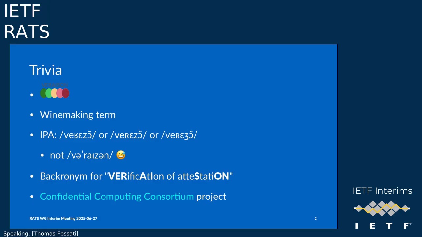The definition of Veraison is change of color of the berries, and that's the point in time where the grapes can be many different colors. So this is supposed, in our minds, to be the visual metaphor of the fuzzy nature of trust, which can be green, all good, or red, and anything in between those two colors. That's the concept that the logo represents.